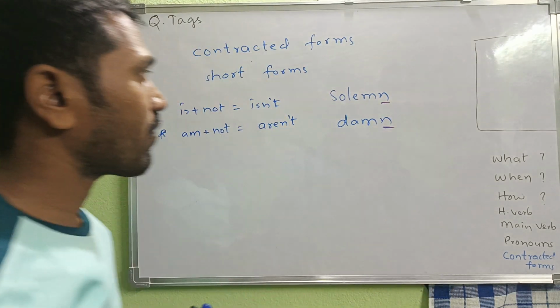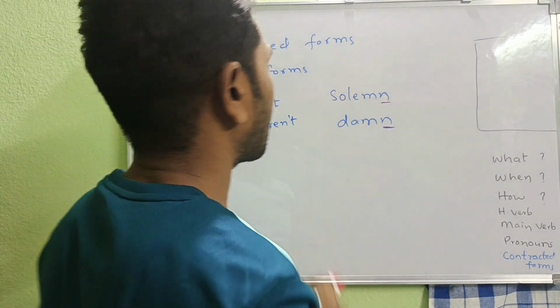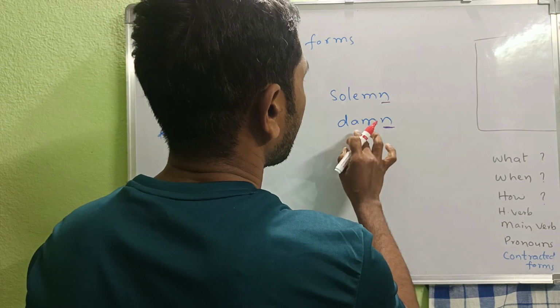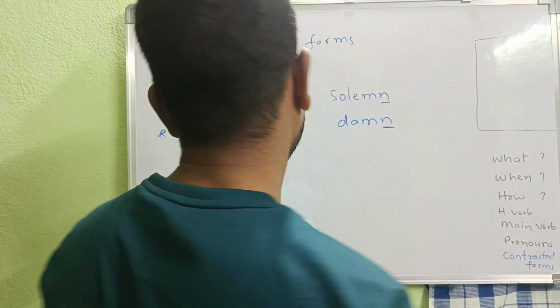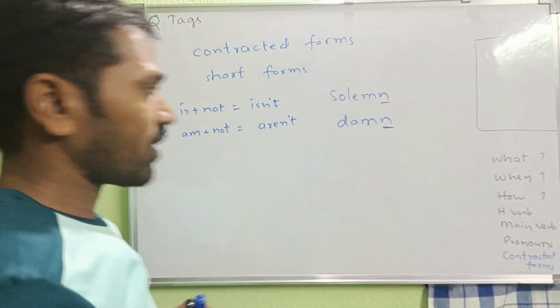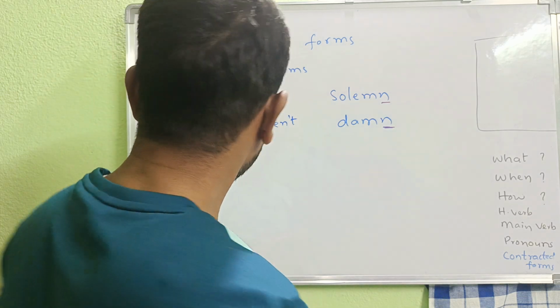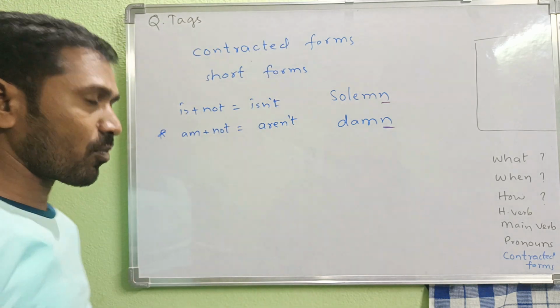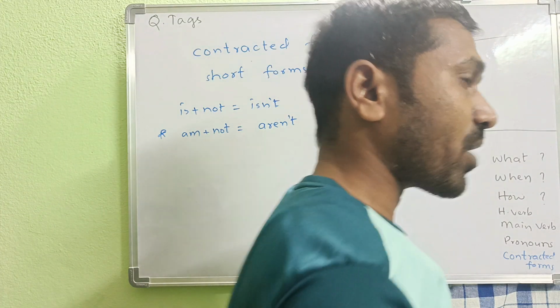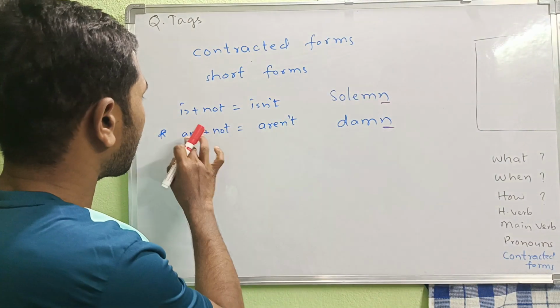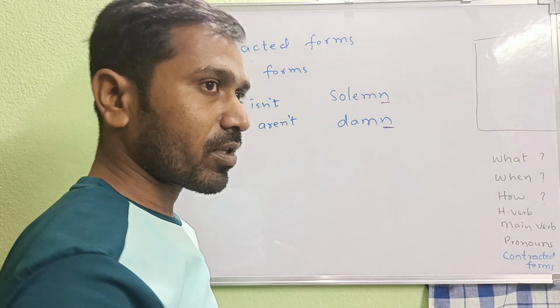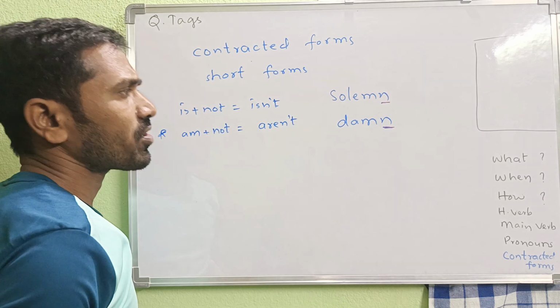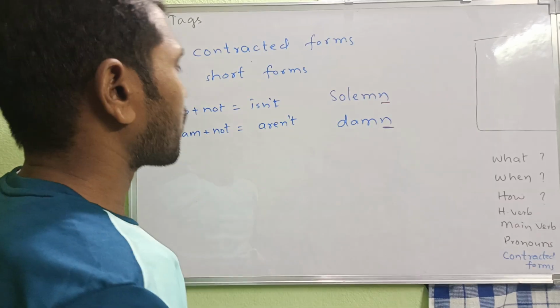In these words, this word is pronounced as 'solem', or this word is pronounced as 'dam'. That is why I may think that 'amn't' is not possible. Actually, when m and n fall together, there won't be proper pronunciation for native speakers of English.